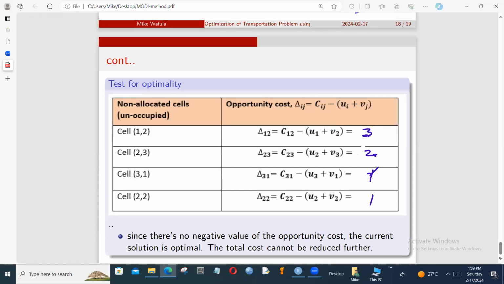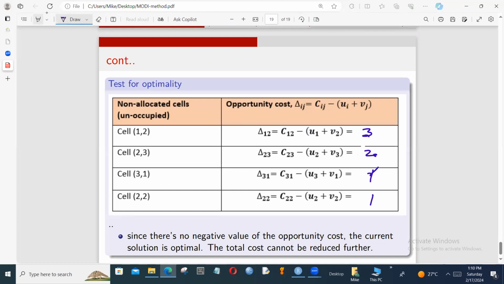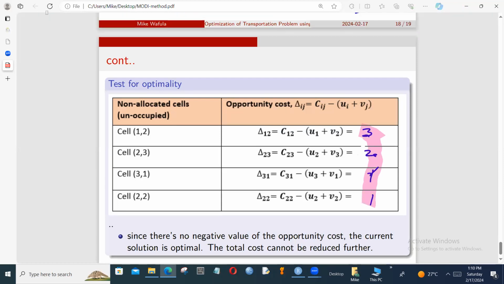Clearly, we all can see that these are positive values. So when we see all of them positive, it means you have reached the optimum point. It means the value 565 is actually the optimal solution. We cannot spend anything less than that.